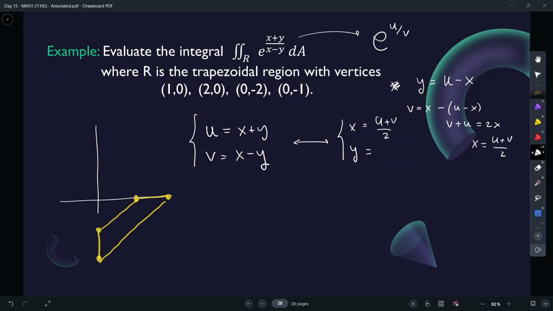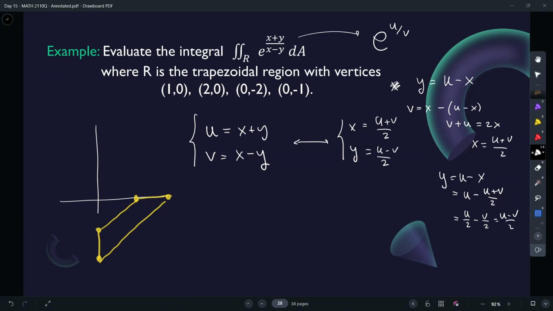Okay? And then what is y? y is u minus x, and x is (u plus v) divided by 2. So what I get is u divided by 2 minus v divided by 2, so (u minus v) divided by 2. So that is my transformation.